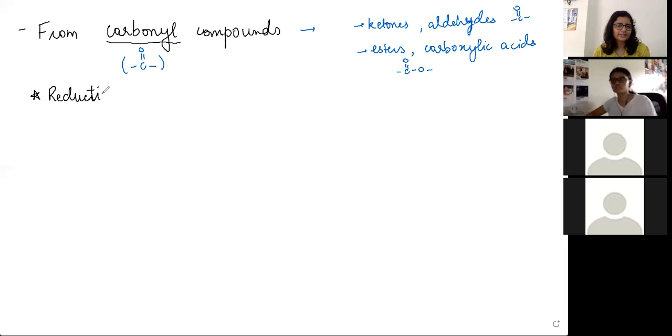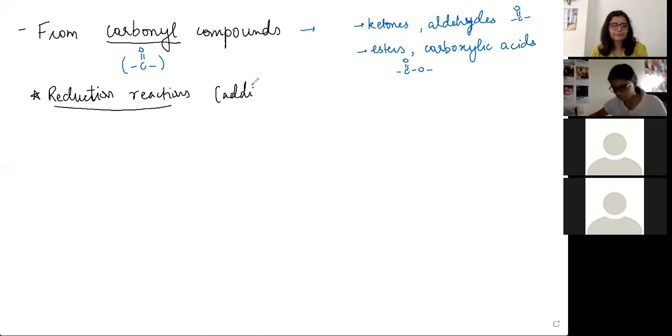So all of these are reduction reactions. You're just reducing carbonyl compounds to alcohols by the addition of H. This would be the common theme for all of the reactions that come under this particular topic.